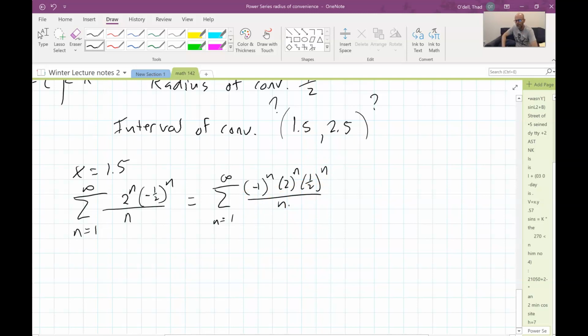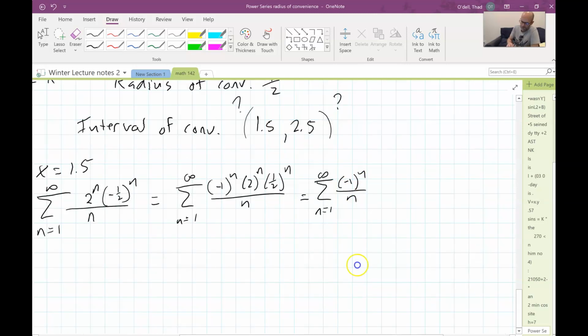Now, 2 to the n times 1/2 to the n, that would be 2 times 1/2, n times. Well, 2 times 1/2 is just 1, right? So this would be 1 to the n. So we end up with the series n running from 1 to infinity of negative 1 to the n over n. And that's a pretty easy alternating series test.